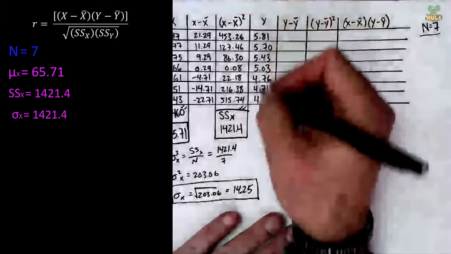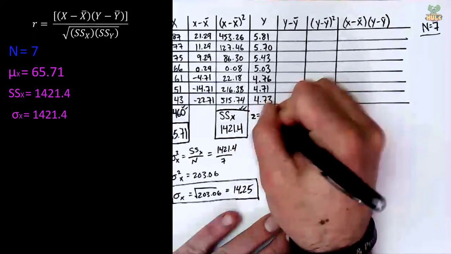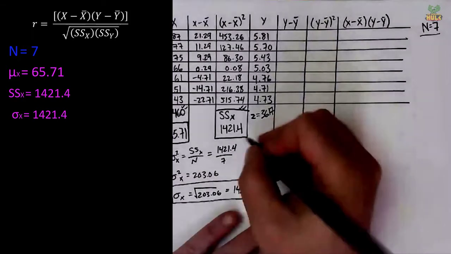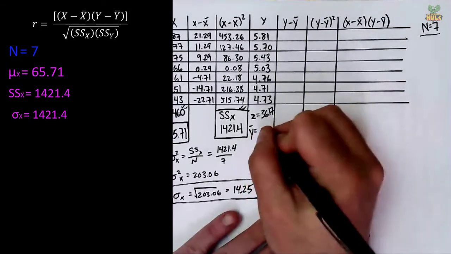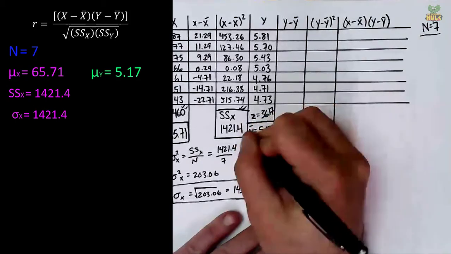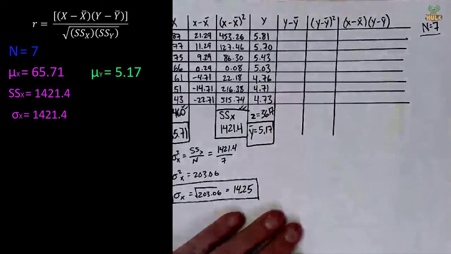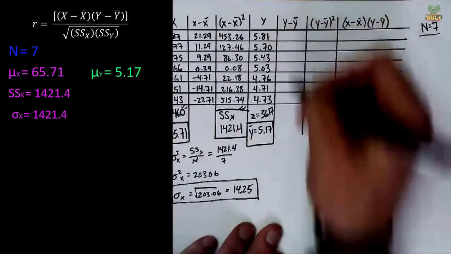Okay, now let's do the same thing for y. So add all of these together. Your sum is going to get to 36.17. Okay, divide that by 7, and you'll get y bar equal to 5.17. Again, another important value. Put it in a box, make sure I can see it. Now let's do y minus y bar, right?